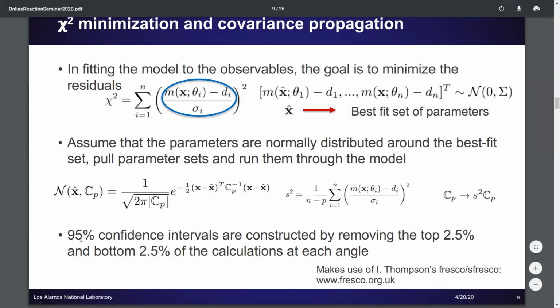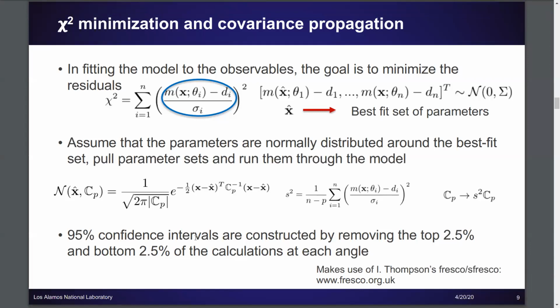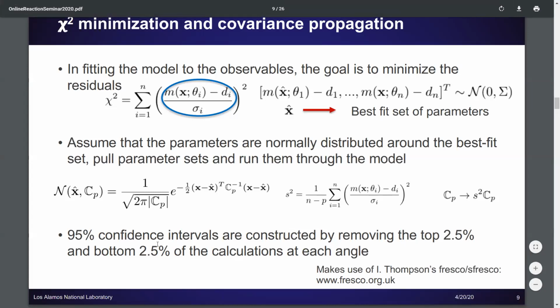Ultimately, we typically calculate 95% confidence intervals on our reaction observables. This is done, again, by pulling a certain number of parameter sets. We've been looking at anywhere between 200 to 1600, propagating them through the model, and then at each angle that we're calculating, typically cross sections or differential cross sections, we remove the top 2.5% and the lowest 2.5% of the calculations.